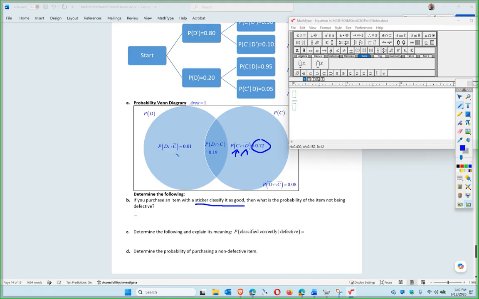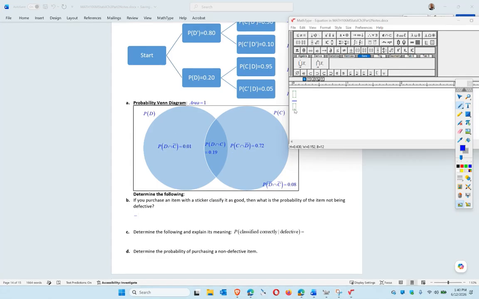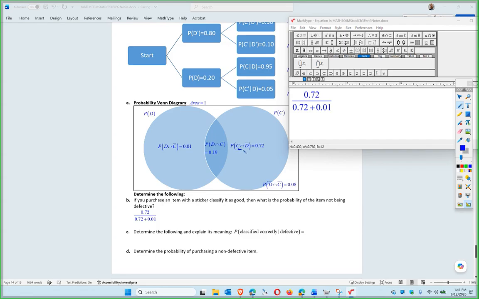However, what about these? It's a defective item that's not labeled correctly, which would mean to have a good sticker. So these also have good stickers, don't they? So essentially, you have 0.72 and 0.71 that have the good stickers on them, right? But I want to know the probability of having one that's not defective. Only those ones are not defective, right? Because they have good stickers on them and they're a good item, right?